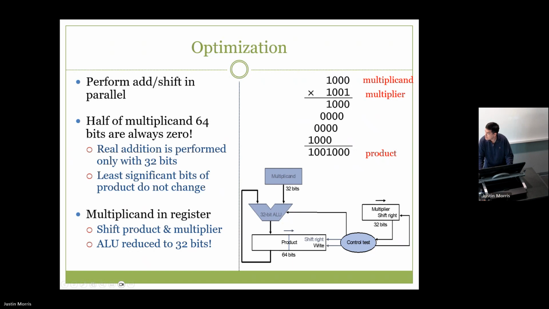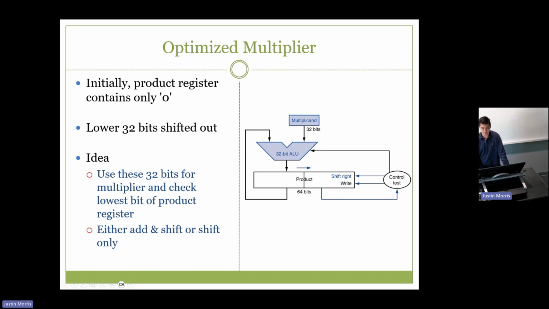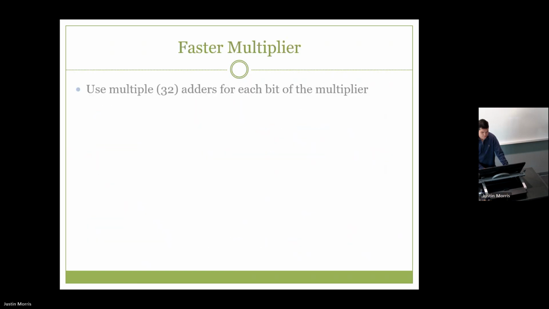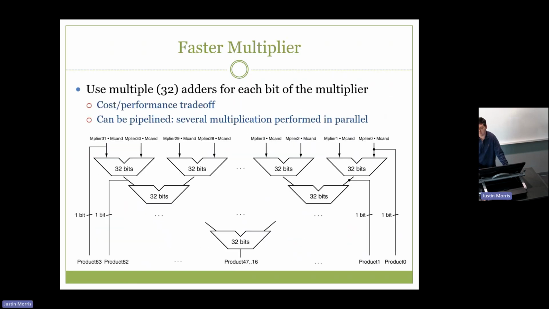Okay. So rather than taking multiple different cycles, like the previous circuits, this circuit would maybe have a longer cycle time, but it would do it in one cycle. Okay.